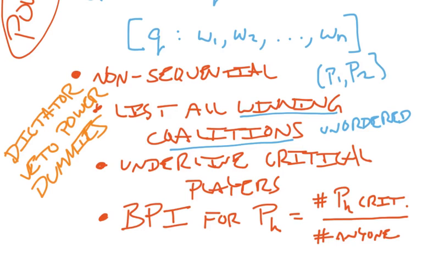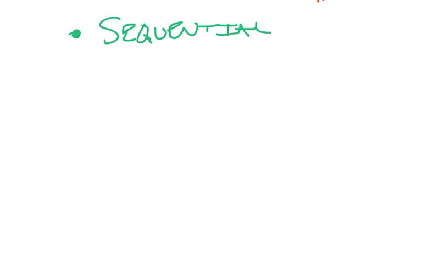The coalition consisting of player 1 and player 2 is the same as the coalition consisting of player 2 and player 1. They're the same coalition in the non-sequential case. And that's very different from the next setting, which is the last thing we talked about before classes were canceled, which is the sequential voting case.